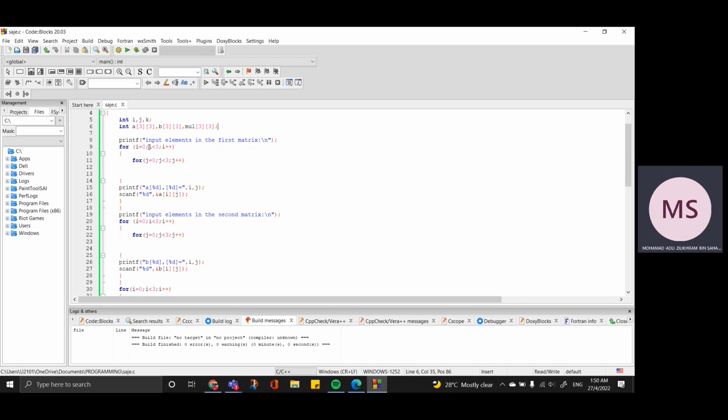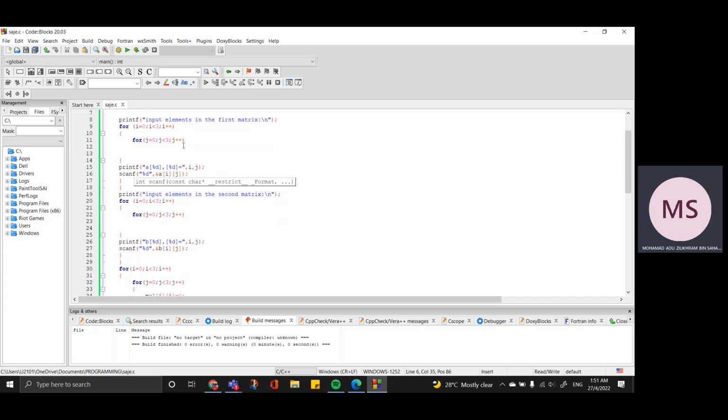For i equal to 0, i less than 3, i plus plus, the first element starts with 0 and then 1 and 2, to tell that there are 3 values, depending on how many the user wants to put in one column. And j represents the row, so j equal to 0, j less than 3, j plus plus.